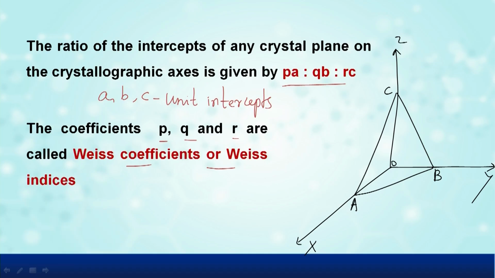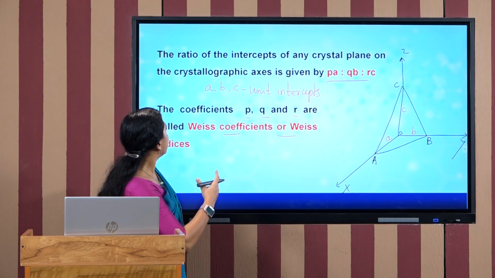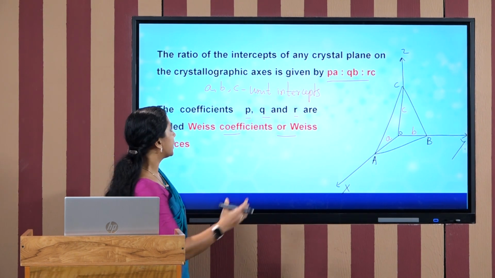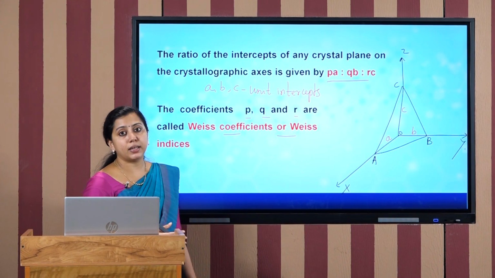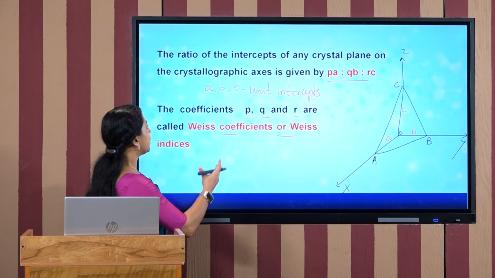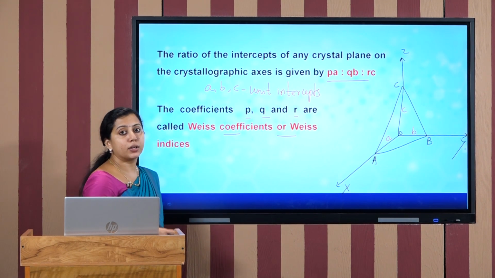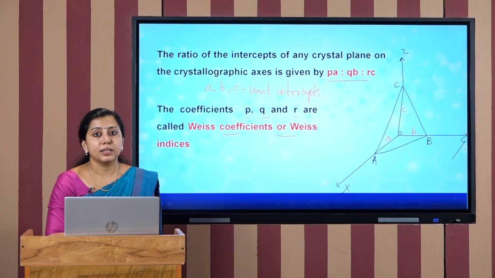Now, let the distance OA, where the plane cuts the x-axis, be a, the distance OB be b and OC be c. Okay. So, these are the unit intercepts, and the ratio of these unit intercepts is given by pa : qb : rc, where a, b and c are the unit intercepts, and the coefficients p, q and r are called the Weiss coefficients or Weiss indices.